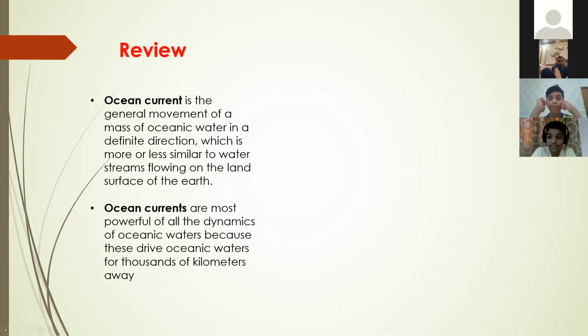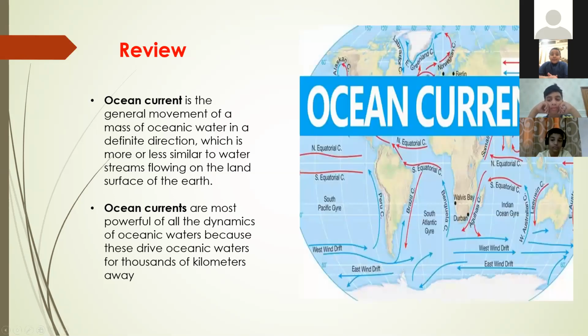Even from one country to another, we have currents that can move from Qatar to London to the US, thousands of kilometers. So they can move very, very fast. Then, can you see this picture? These are examples of the oceanic currents that we have.